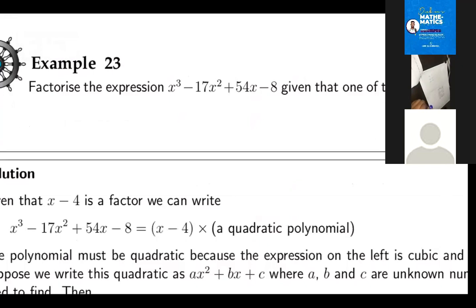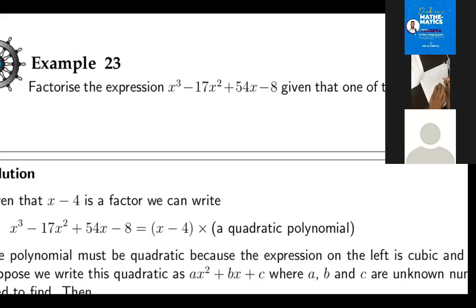Let's fit in 1. Here I have 1 cubed, that is positive, minus 17 times 1 squared, plus 54 times 1, minus 8. What do I have for 1 cubed? 1. Good. 1 squared is 1, so negative 17 times 1 is still negative 17.